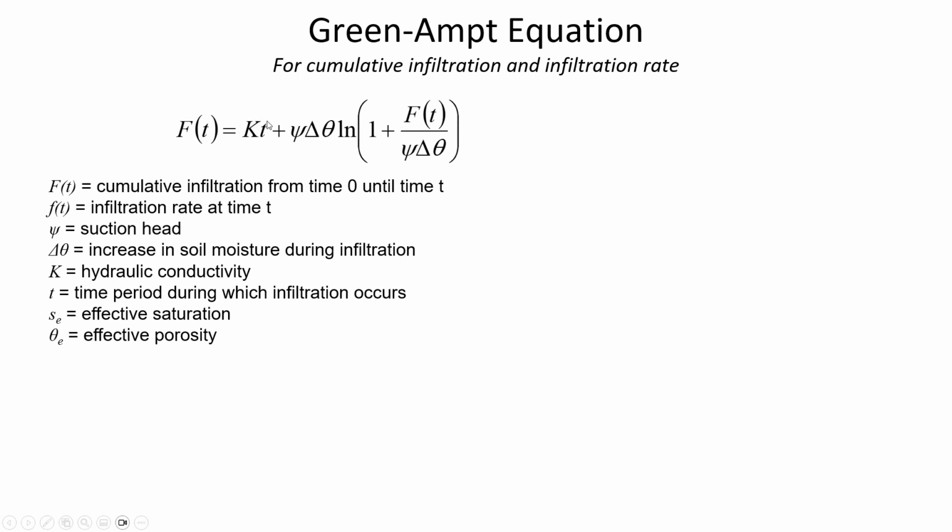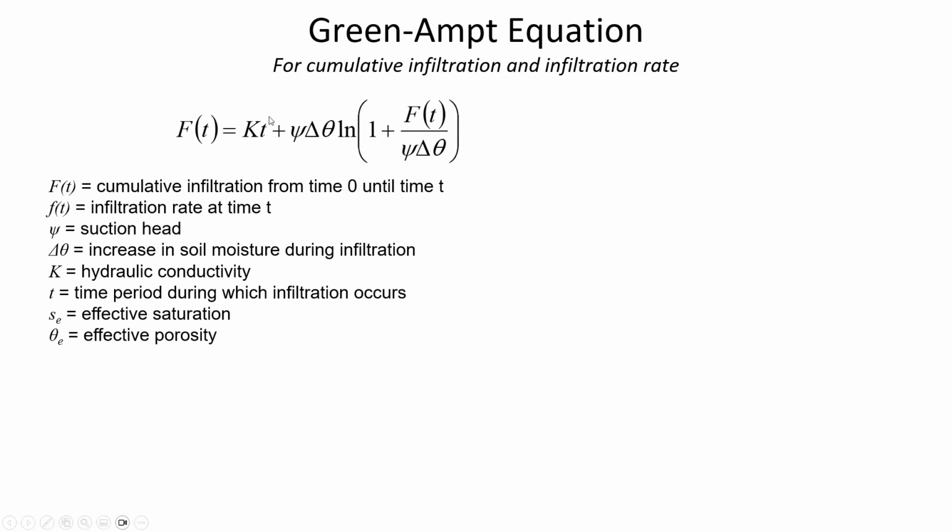That's part of it. But there's also the soil suction term. So the two main terms here relate to the two forces that drive water into the soil. There's the gravitational effect, and then there's the cohesion and adhesion that's related to soil suction.